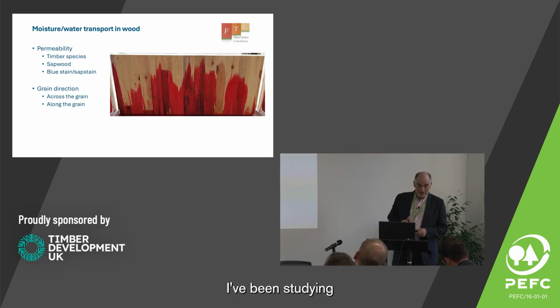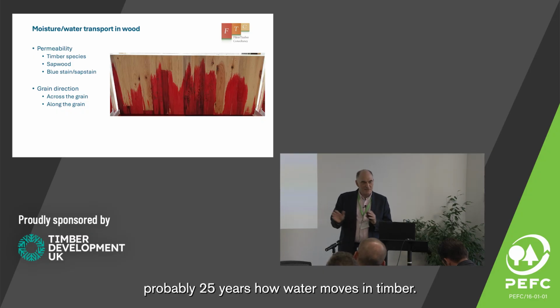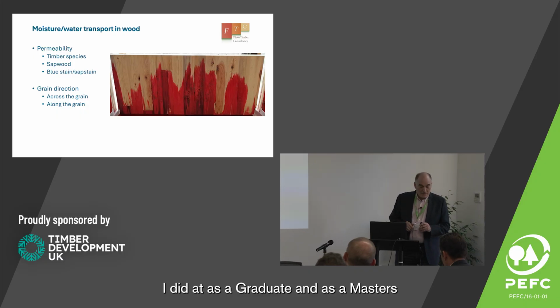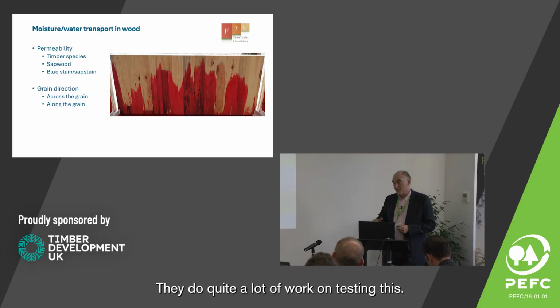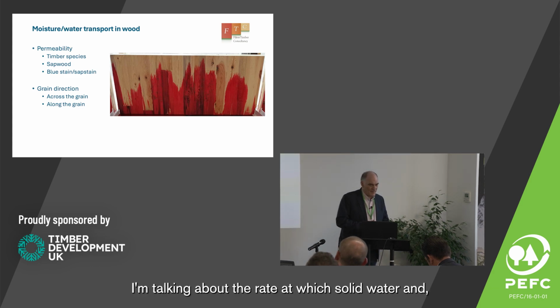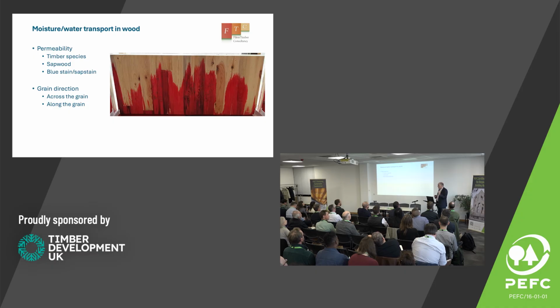I've been studying for probably 25 years how water moves in timber. I did it as a graduate and as a master's, and did quite a lot of work on testing this. So we talk about the permeability of timber, and when I talk about permeability, I'm talking about the rate at which liquid water and vapour moves through the timber.